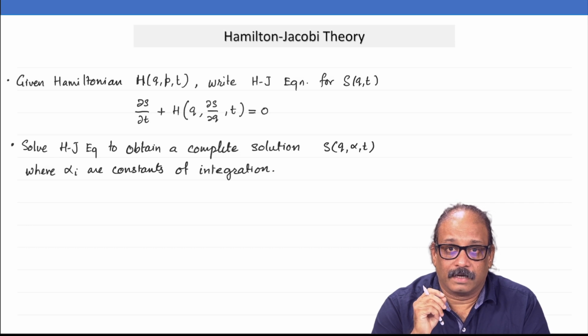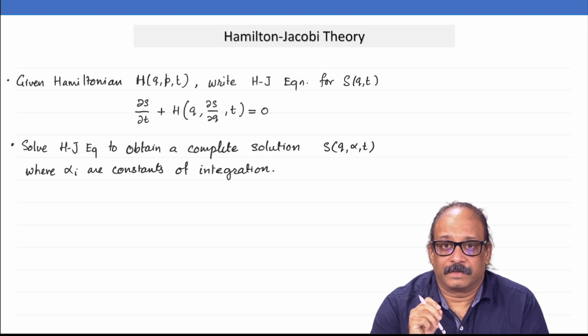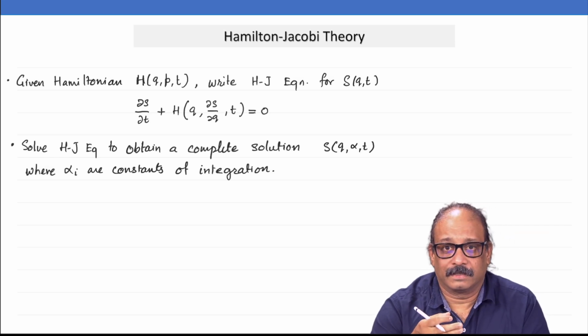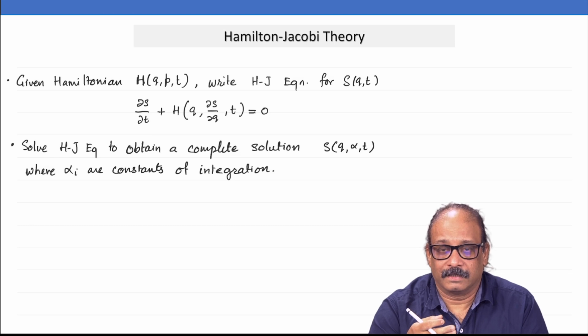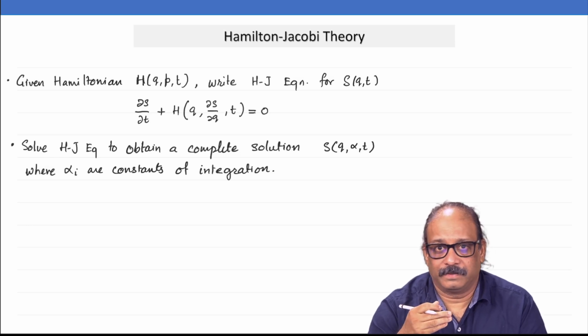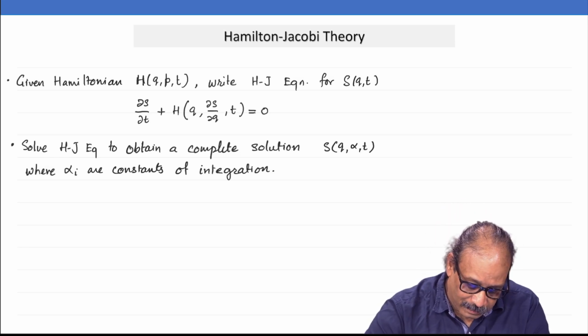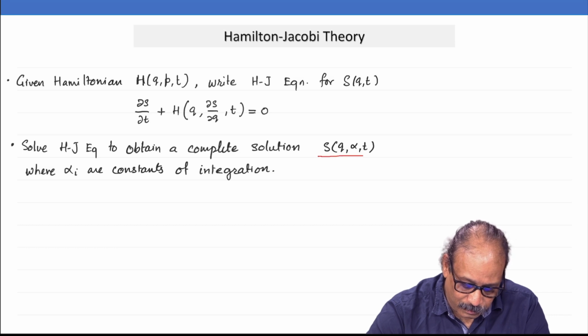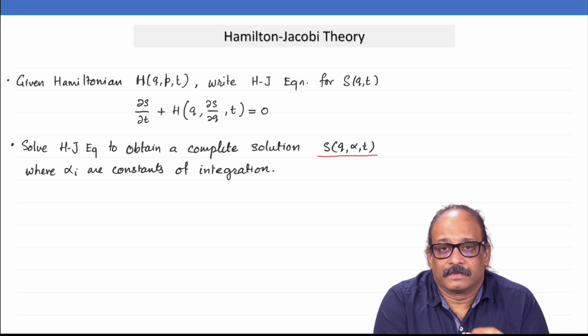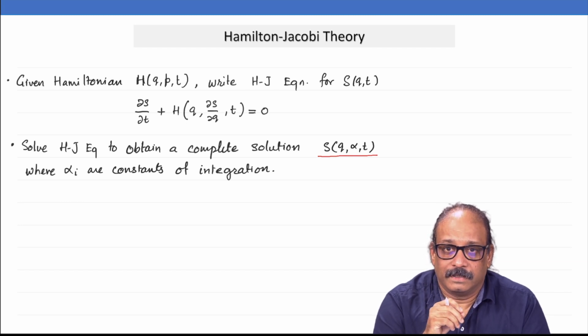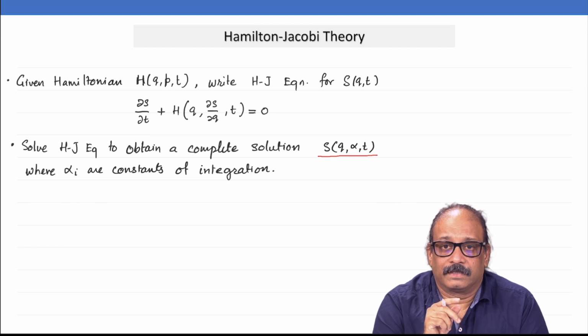This is a single differential equation for S, which is a function of n plus 1 variables, and we of course argued how many constants there are. There will be one constant which is just additive in nature, and we are going to drop that one. Okay. So, finally, we get this complete solution S, which is a function of n q variables and t, and when you do the integration, we are going to get n constants of motion, actually n plus 1, but one of those is irrelevant.